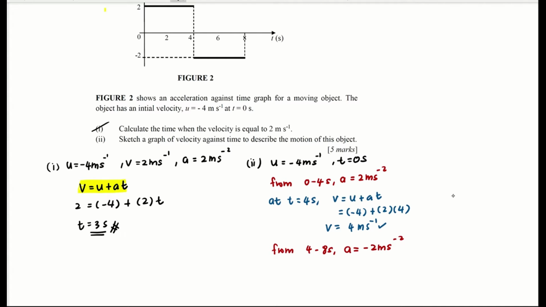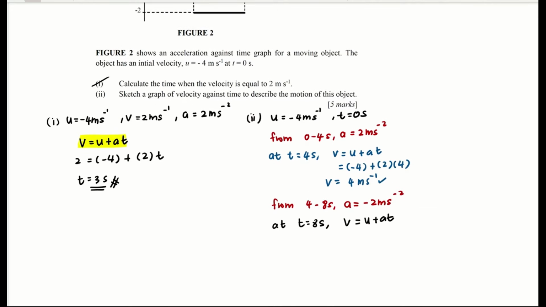So at t is equal to 8 second, we actually can find what is the velocity, where v is equal to u plus at. Alright, and then we can calculate v if the initial velocity at 4 second tadi adalah 4 plus 2, and then from 4 to 8 second is equal to 4 second. This one should be negative, right?